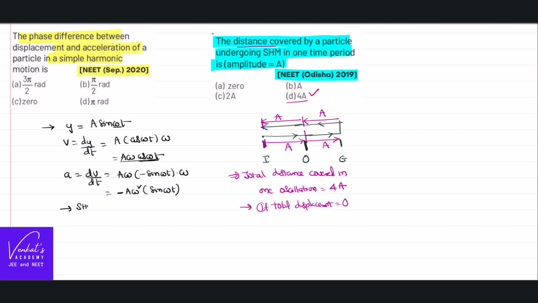A particle is said to be in SHM if acceleration is directly proportional to displacement and they are in opposite directions. Means they have a phase difference of 180 degrees. Pi radian is the answer. Or I can also prove that the acceleration can be written like minus a omega square sin omega t, which can also be written as a omega square sin of omega t plus pi, because pi means 180.